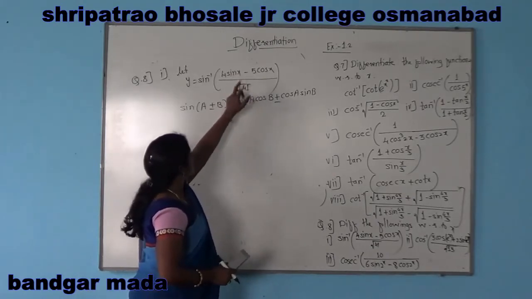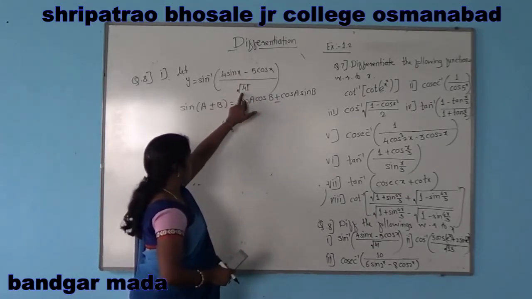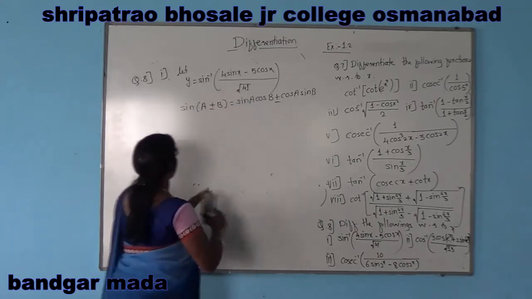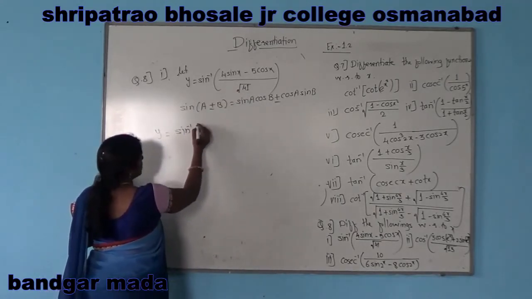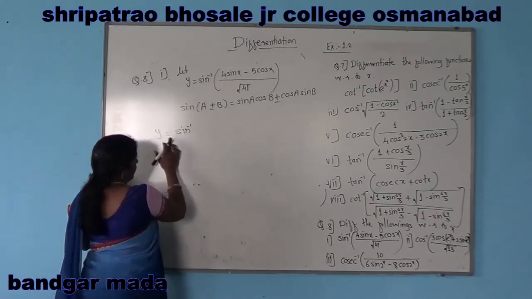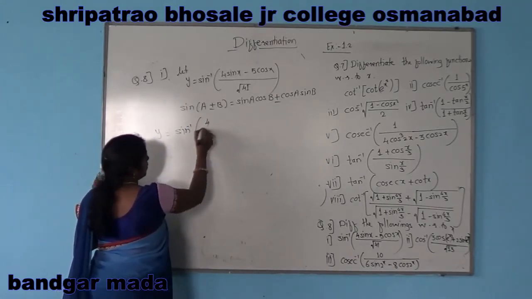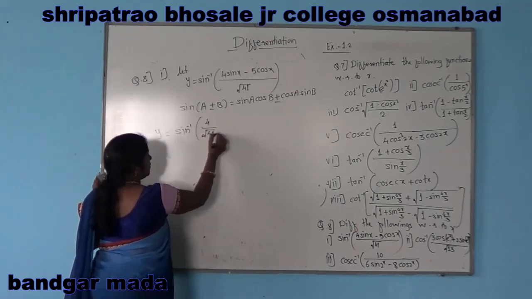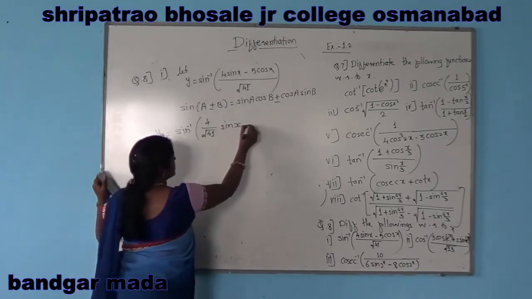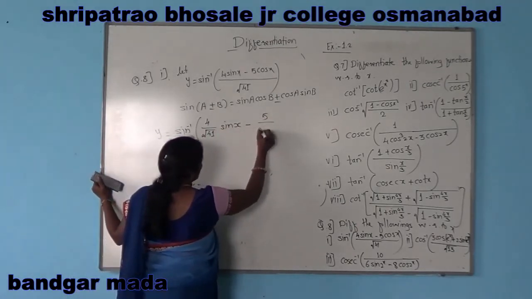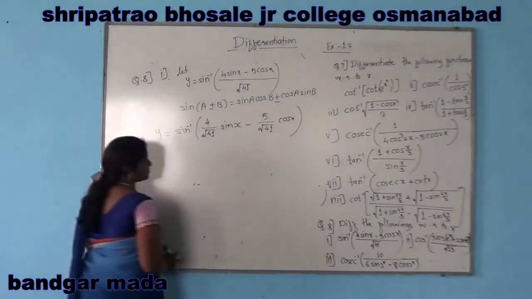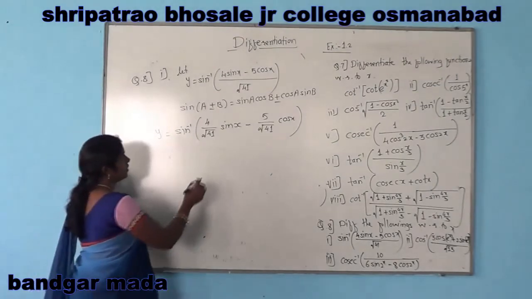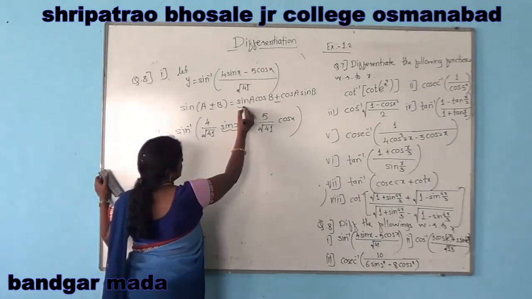Here there is a minus sign, so we have to split this root 41 and then separate. We will get y is equal to sin inverse of 4 upon under root 41 sin x minus 5 upon under root 41 cos x. Now here there is sin x.